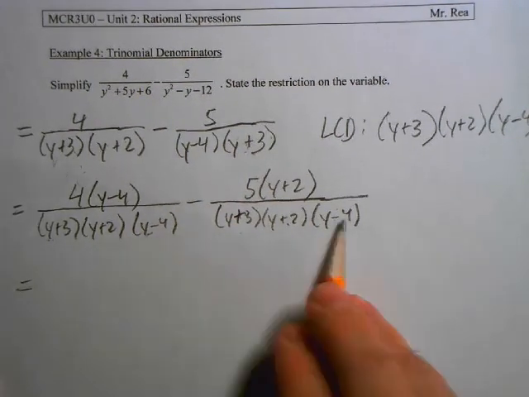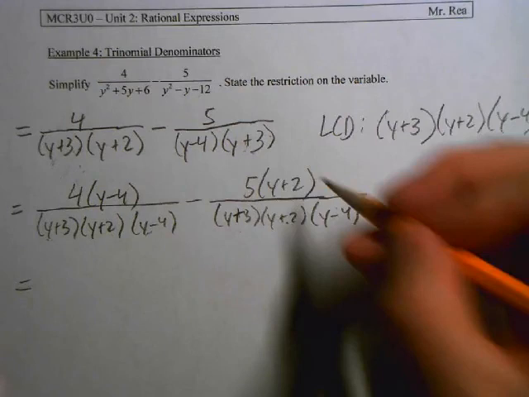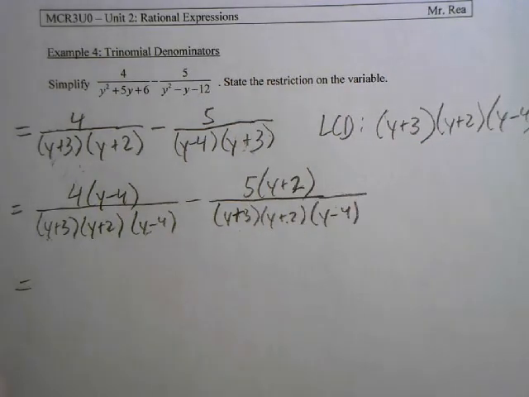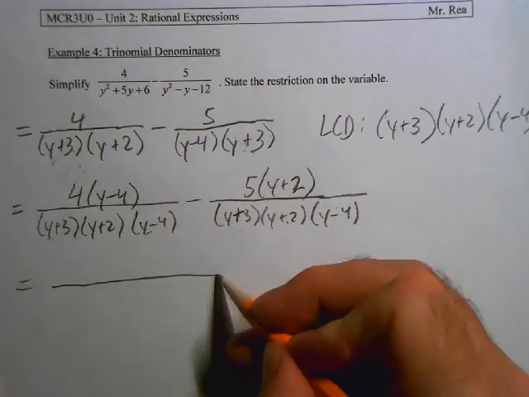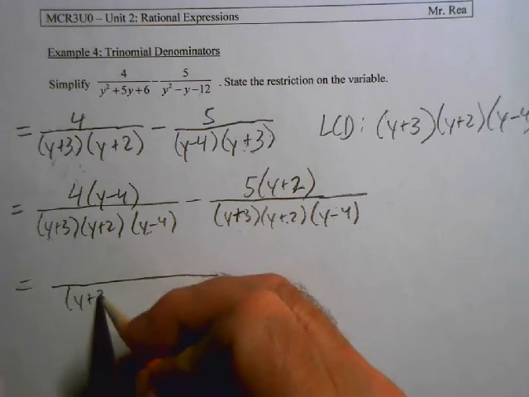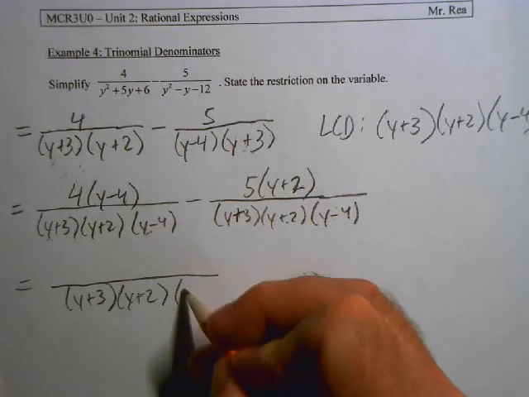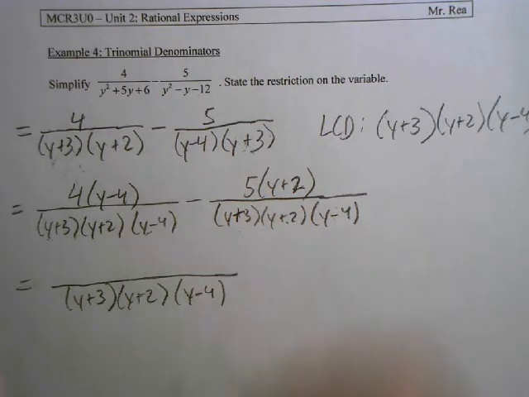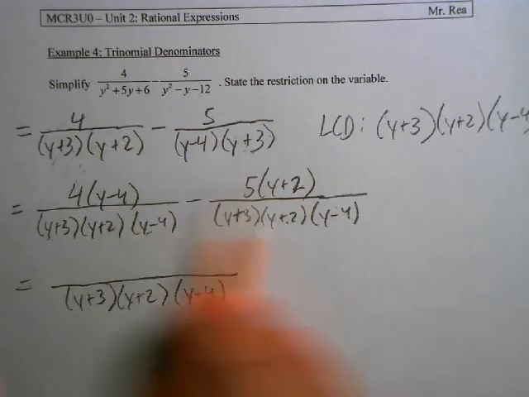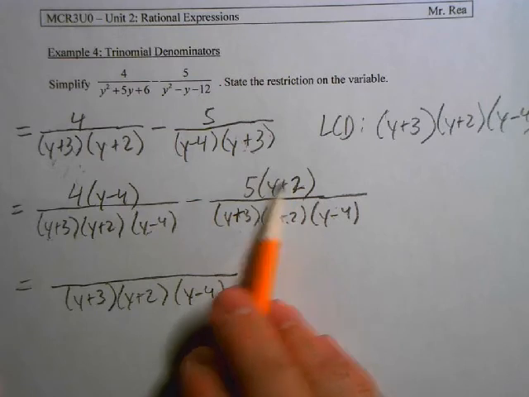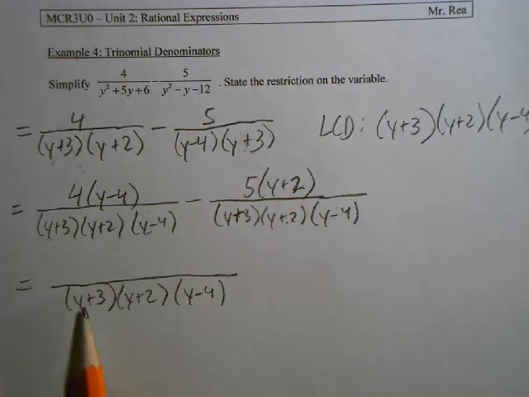Okay, now we can actually start combining. So I'll put my single denominator now here. Hasn't changed from above, and now we're just basically reading along the top and trying to come up with what terms are on the top.